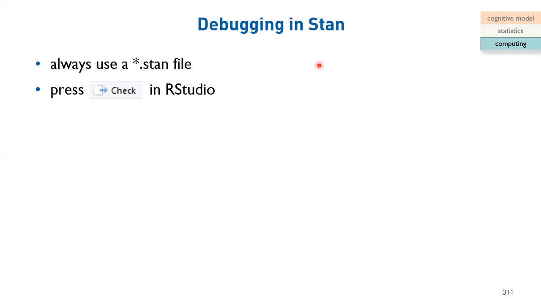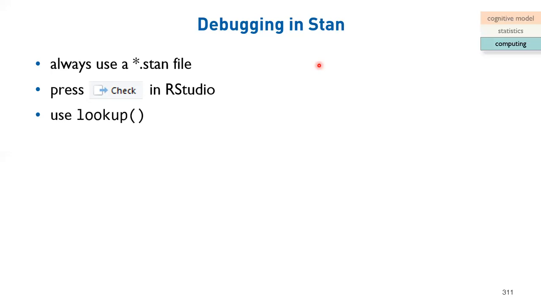This checks the syntactical correctness of your model, basically a grammar check of your Stan model. When you are finishing a Stan model in RStudio, always press the check button before you move forward. The check button tells you where the grammatical mistake is.